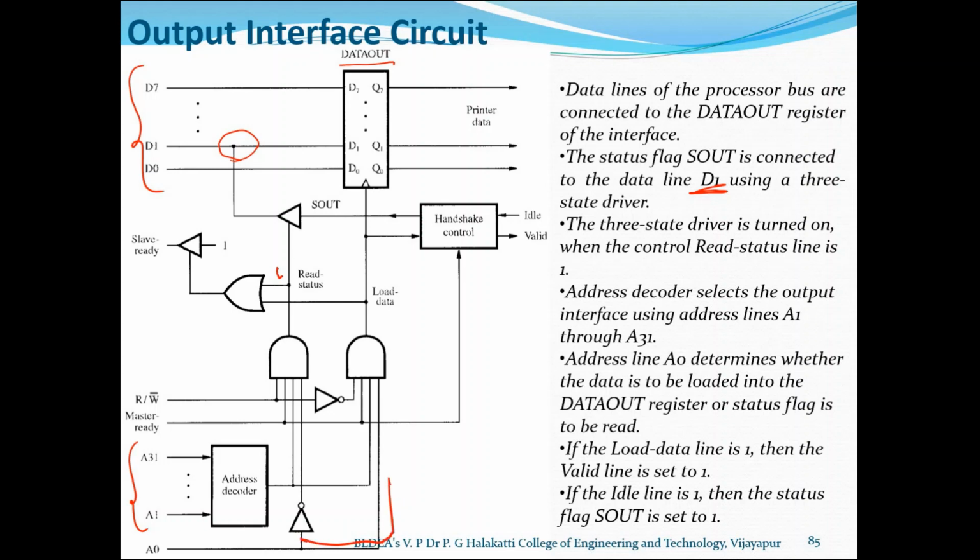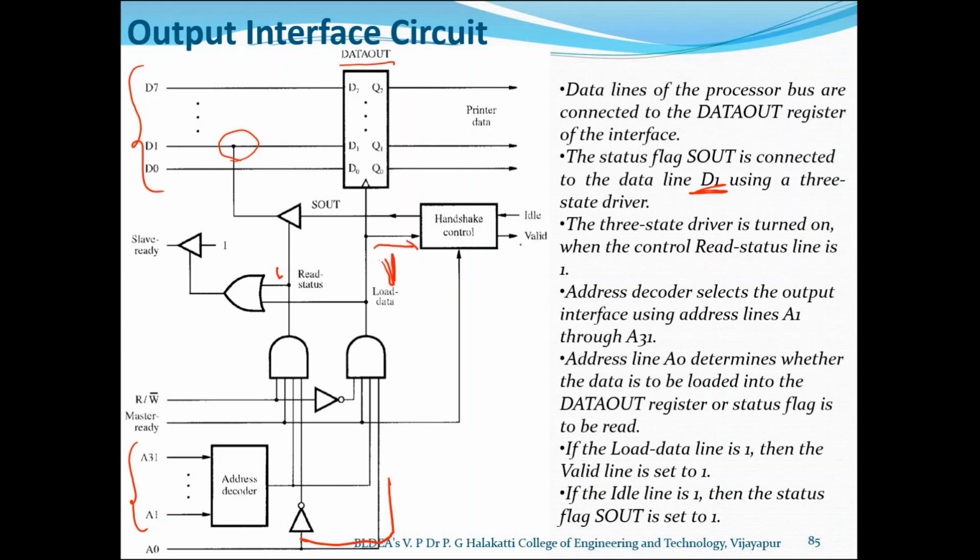So this line is dedicated for either setting the data line or the status flag. If the load data line is 1, then the valid line is set to 1.